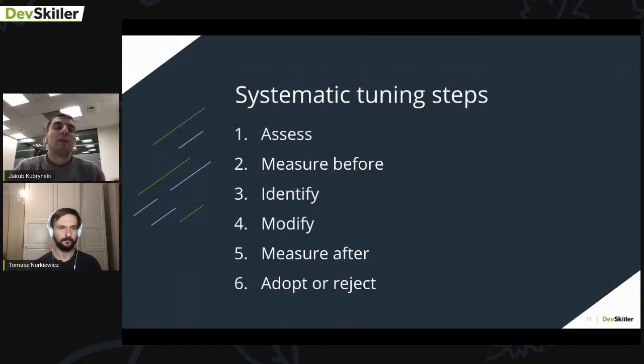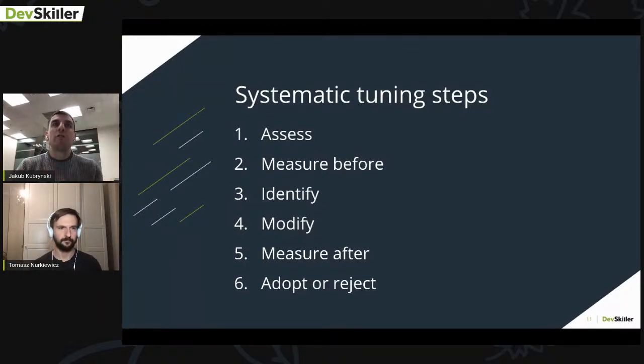And then when you take a look at it overall, you will say, okay, I was wrong, I need to revert all the changes. But in fact, you should revert only 2, and one was improving your process significantly.